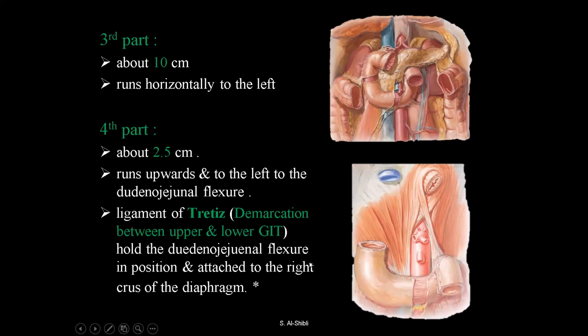In anatomy, we don't have such a demarcation between upper and lower. But in surgery, we call it upper GIT bleeding, meaning all the structures proximal to the ligament of Treitz are called upper GIT, and those distal to it are lower. This is the ligament of Treitz that connects the duodenojejunal flexure to the diaphragm.